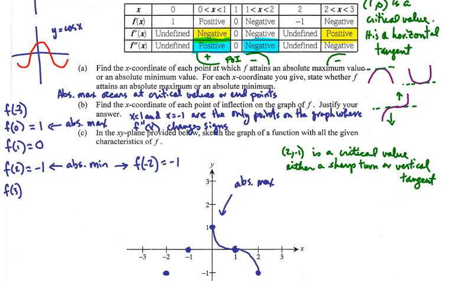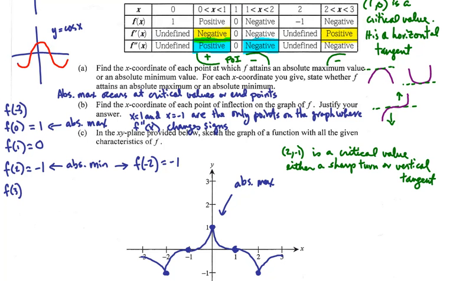Now from 2 to 3, the function stays negative, but it's increasing and concave down. So I draw something like that, and recall that at 2, negative 1, I should have a sharp turn or a vertical tangent, which I do. Now I don't know where f of 3 is, so I just leave it, but I do know that it's negative. Then I'm going to reflect this over the y-axis, and I've used all the information.